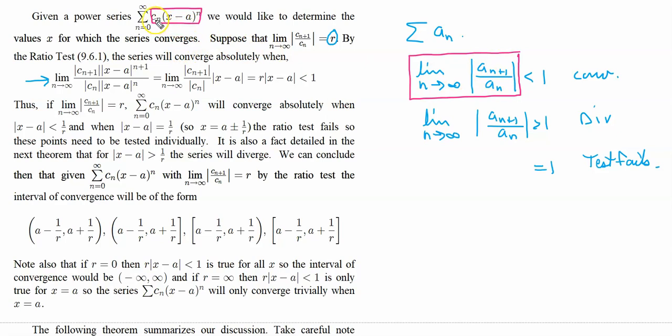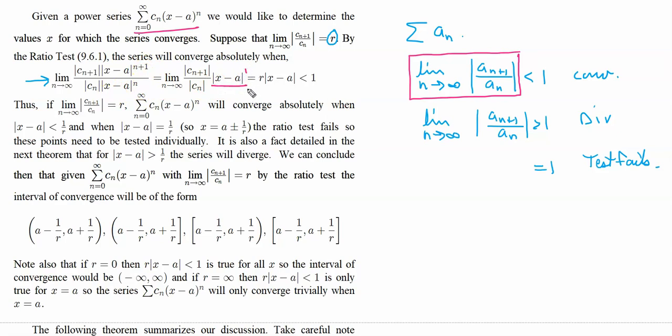And then we take c_n times (x minus a) to the nth power, that goes in the denominator right here, and you see we take the absolute values of it. So what we have right here in this limit is exactly this. So we are applying the ratio test to this series. Okay, now we simplify it a little bit. Notice (x minus a)^(n+1) over (x minus a)^n is just x minus a to the first power.